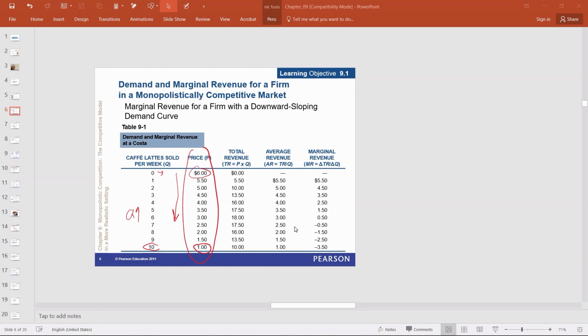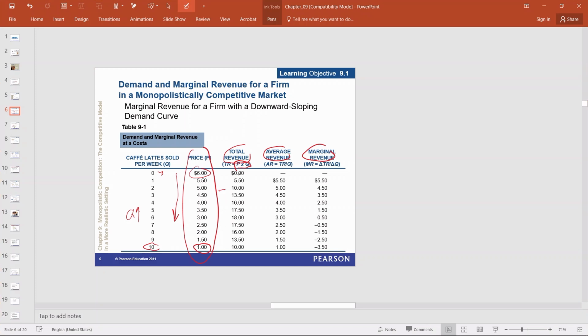And if we want to calculate total revenue and average revenue, marginal revenue, here is what we need to do. For total revenue, you multiply price by quantity for each quantity demanded. So 6 by 0 is 0, 5.5 by 1 is 5.5, 5 by 2 is 10, and so on.